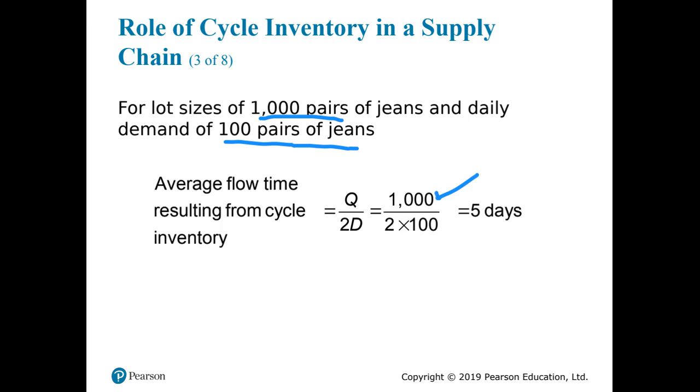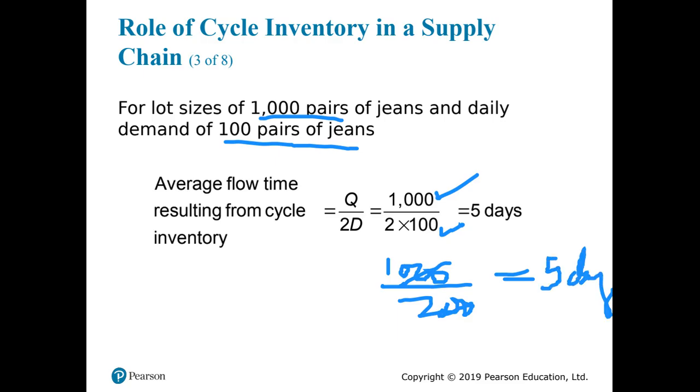So 100 into 2 is 200, and 1,000 divided by 200, 2 5s are 10. So 5 days is the average flow time resulting from the cycle inventory.